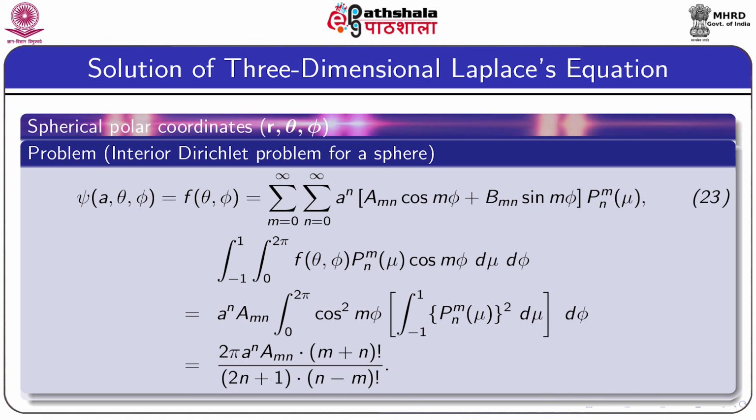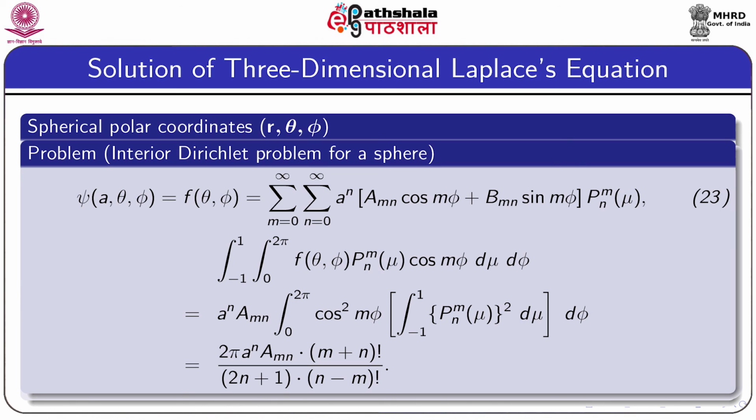So, to obtain a mn, first you have to multiply this relation with cos m phi into P n m mu and then integrate over minus 1 to 1 and 0 to 2 pi.